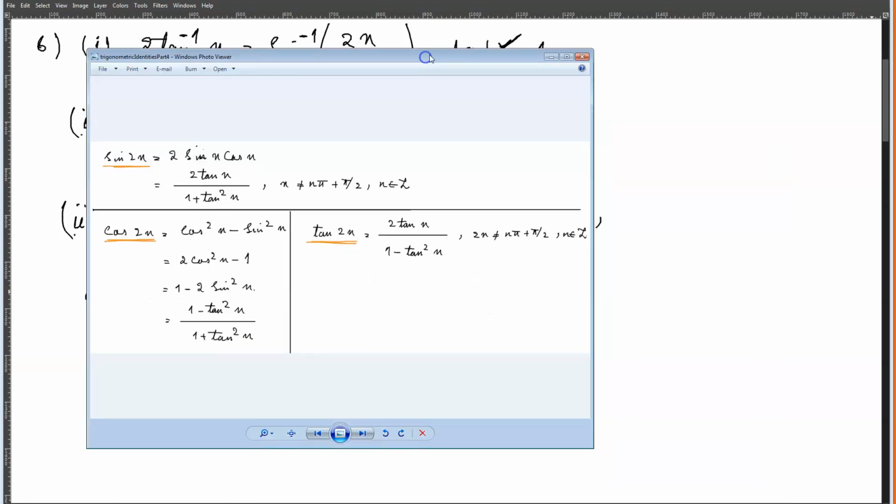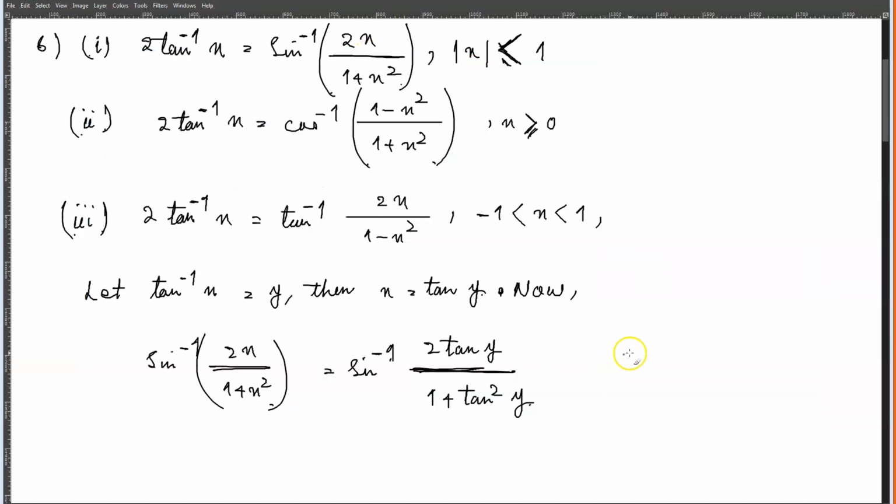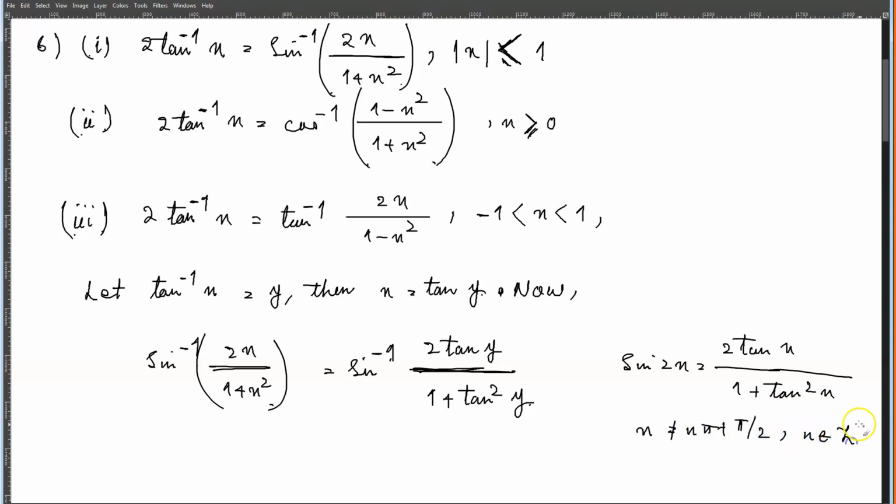So we said that sine of 2x is equal to 2 times tan x over 1 plus tan squared x, right? That is for x not equal to n pi plus pi by 2, where n belongs to the set of integers.